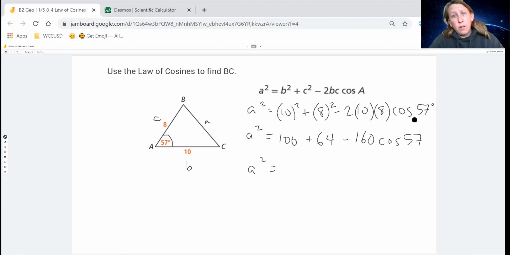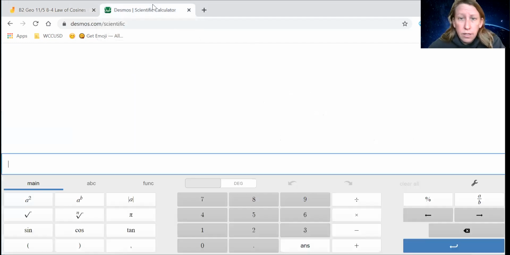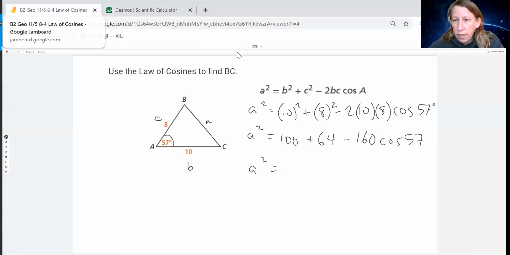I could use my cell phone calculator, or I could be efficient and type that all into here. 100 plus 64 minus, just to make sure I don't make a mistake, 2 times 10 times 8 times the cosine of 57. 76.85.